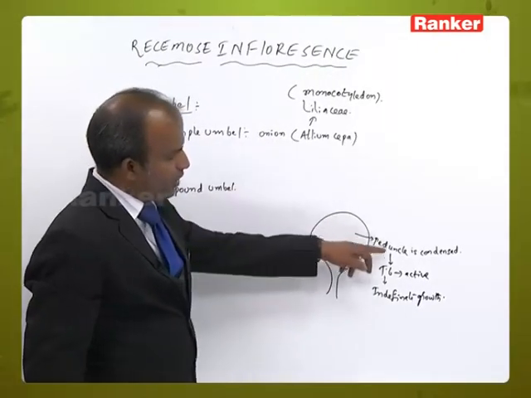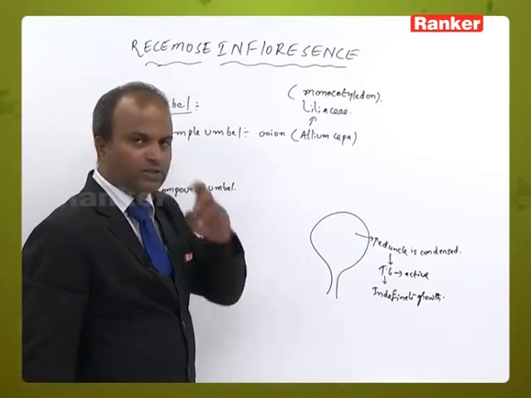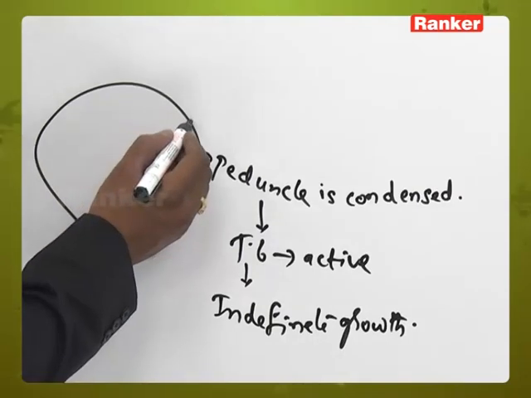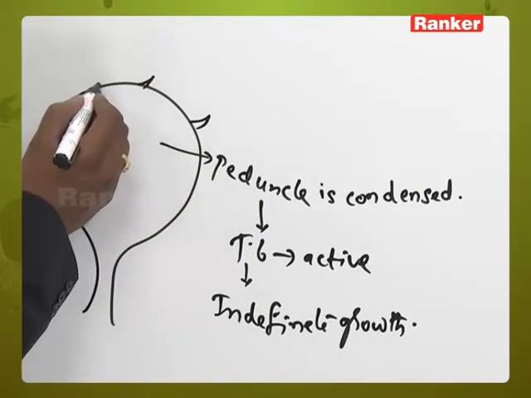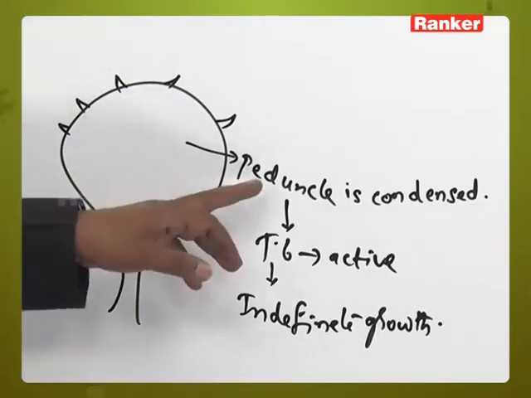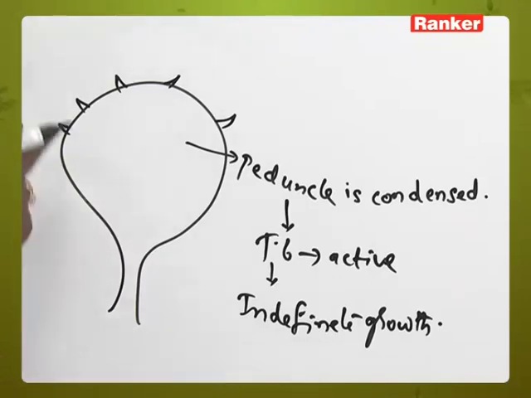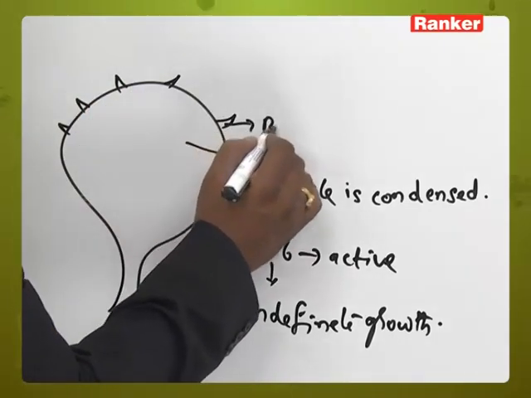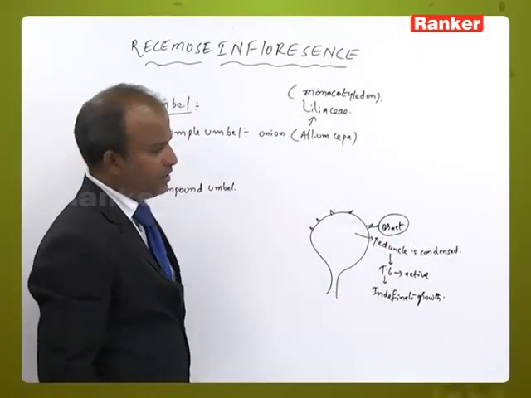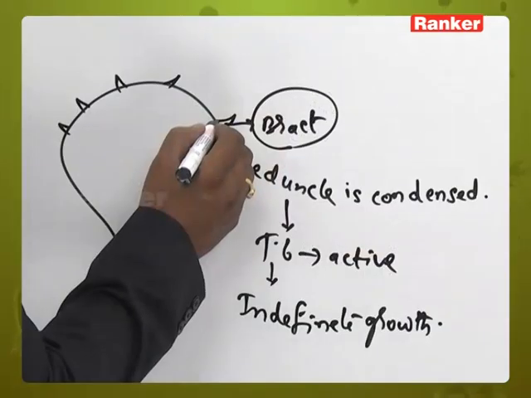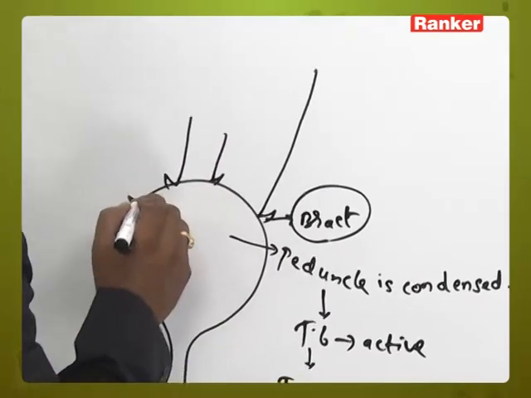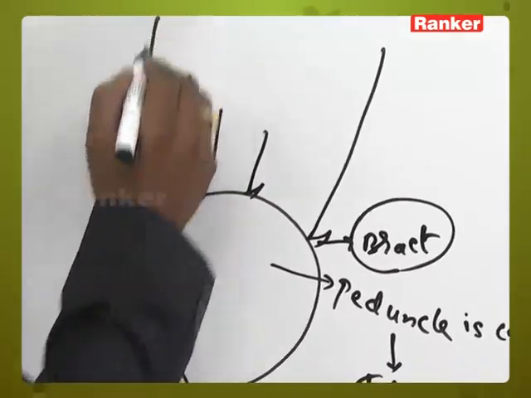On the apex of the condensed peduncle, there are numerous bracteate, that is, they show bracts, which is why it is called bracteate, and it shows pedicellate flowers.